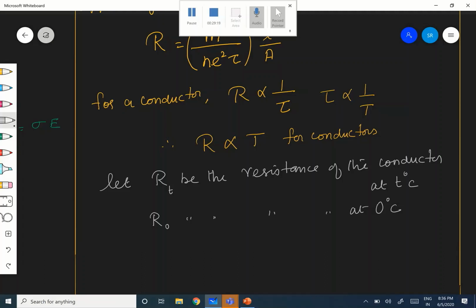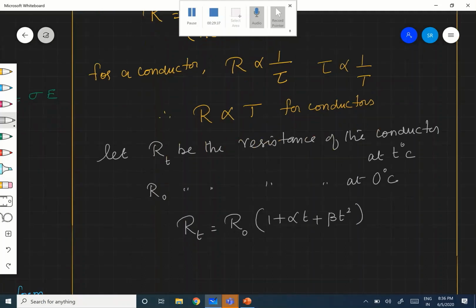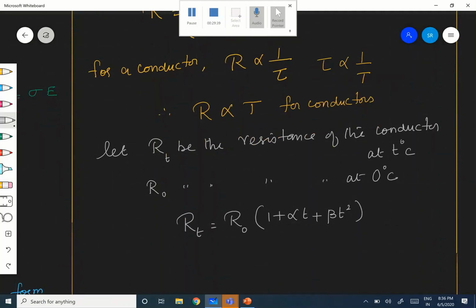How are RT and R0 related? Therefore, RT is equal to R0 into 1 plus alpha T plus beta T squared, where alpha and beta are constants.